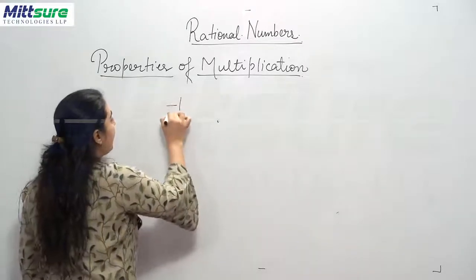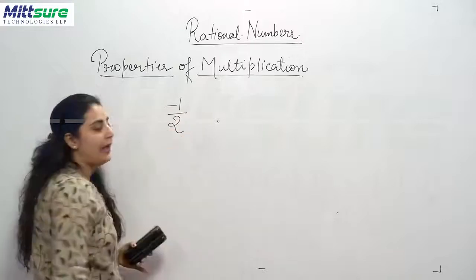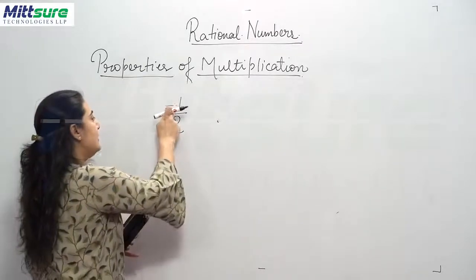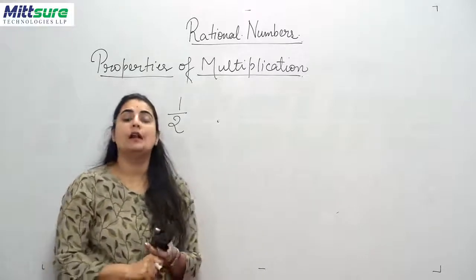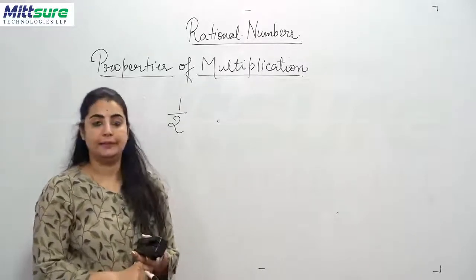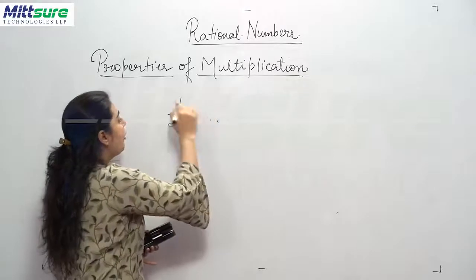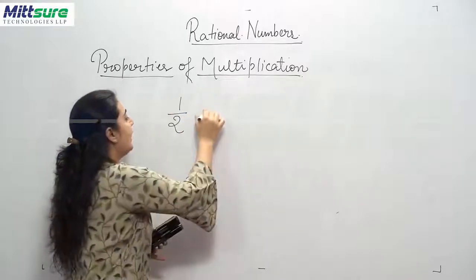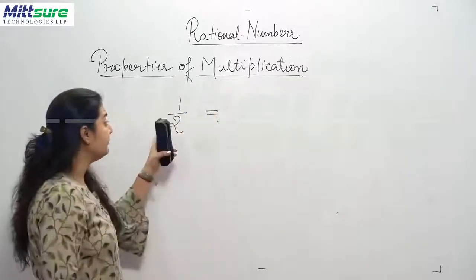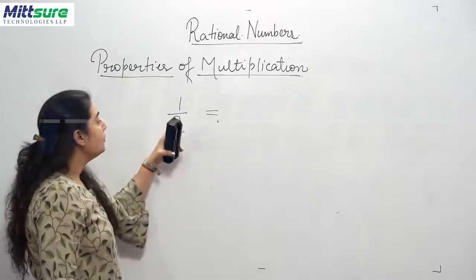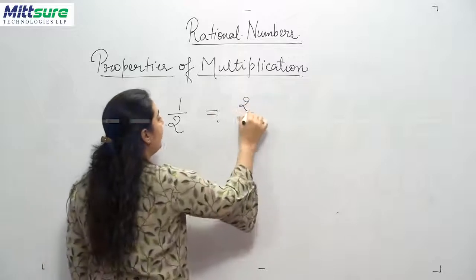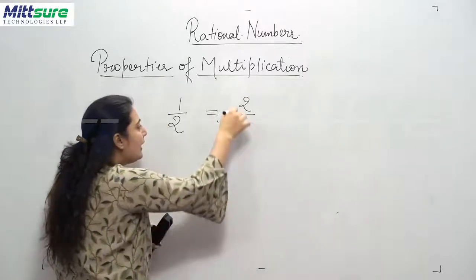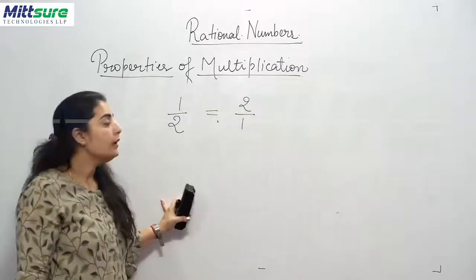Suppose I take a positive fraction, 1 upon 2. What is the meaning of reciprocal is that when 1 upon 2 is reciprocated, it will be 2 upon 1. Now how did I get this 2 upon 1?